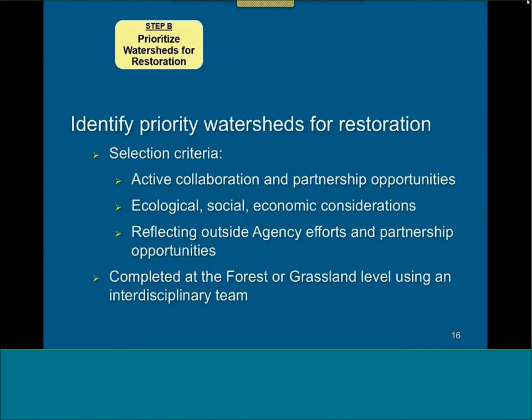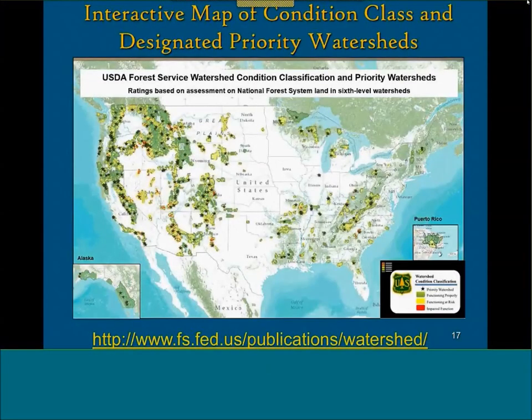Whereas sometimes even the green watersheds, the watersheds that are already functioning properly, could be trending downwards for a variety of reasons. And by putting a little investment of resources into those watersheds, it could keep them at the green level. So all these considerations had to be taken into account. The stars are where the first round of the priority watersheds were.